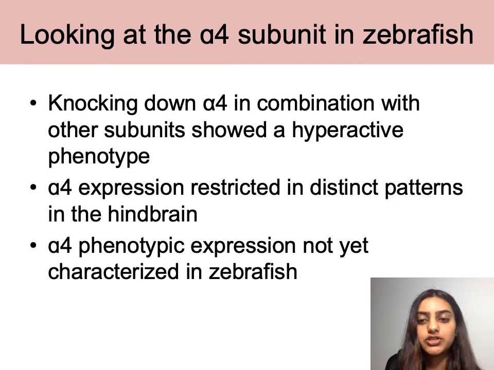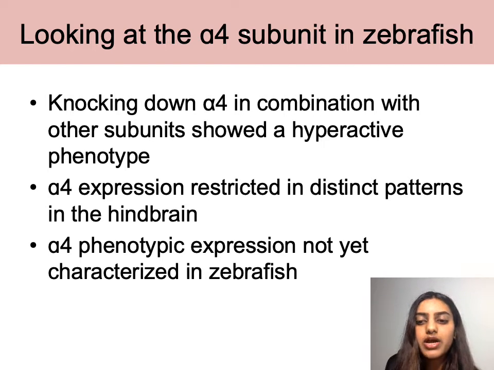My research focuses on the alpha-4 subunit in zebrafish. This is because in previous research efforts in the Downs lab, we found that knocking down the alpha-4 subunit while also simultaneously knocking down other subunits showed a hyperactive phenotype in the fish.